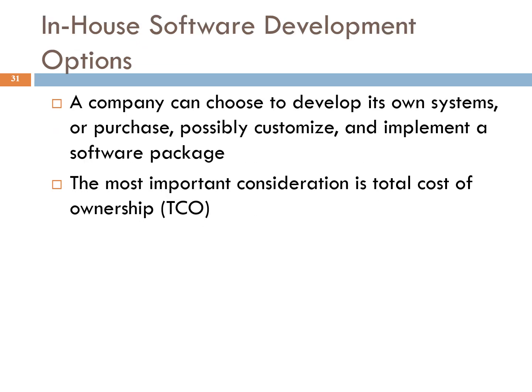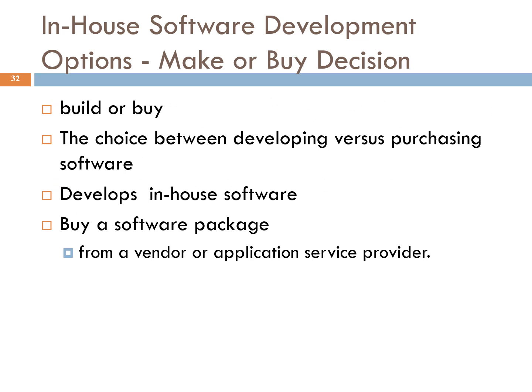In-house software development options. A company can choose to develop its own system or purchase software packages with customization. The most important consideration is the TCO. TCO is total cost of ownership. So in terms of in-house software development, it's either a make or buy decision.